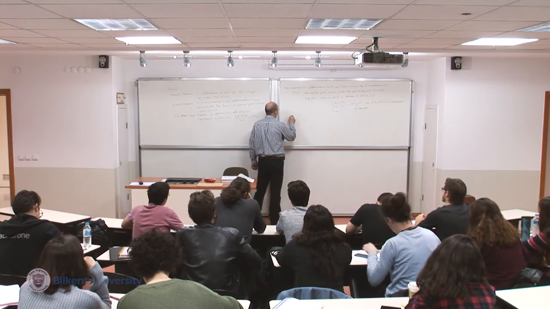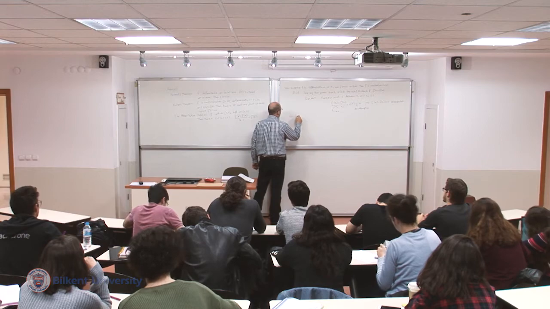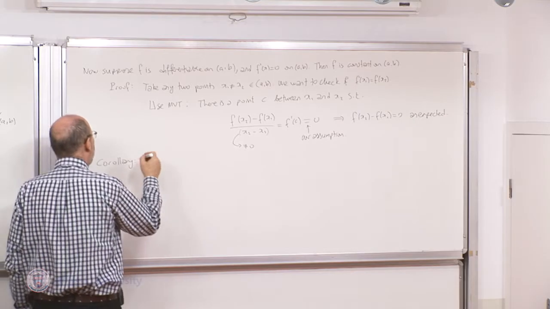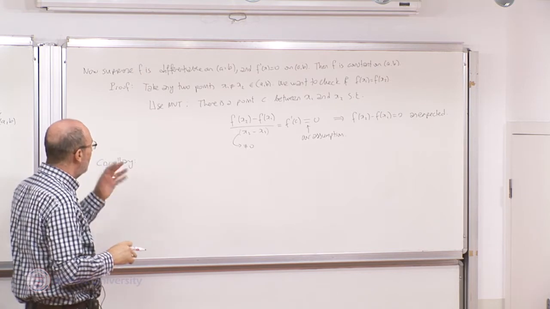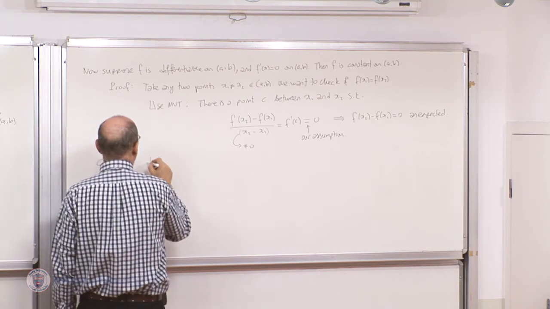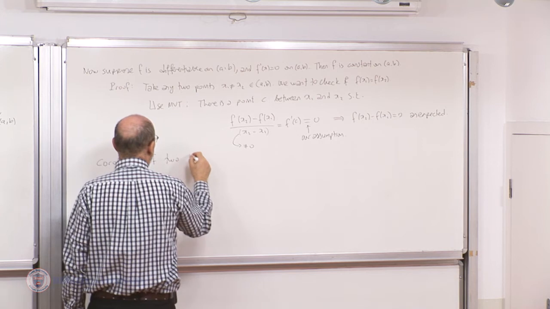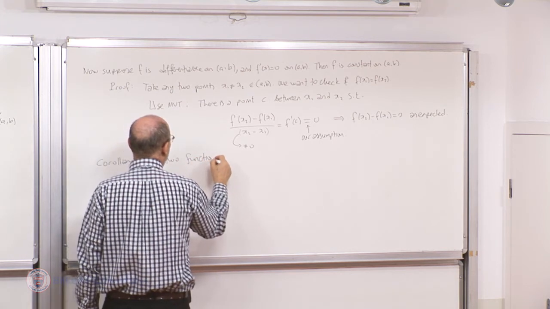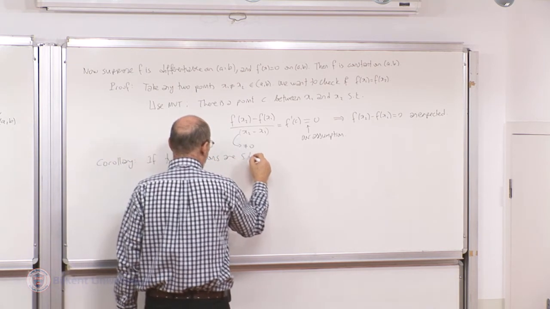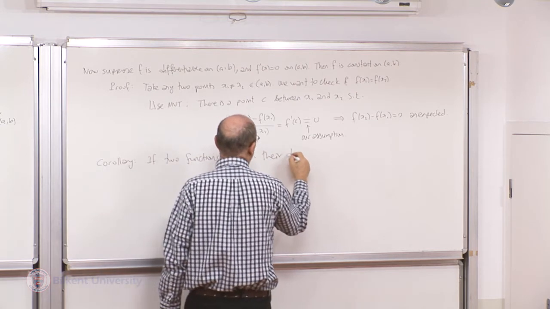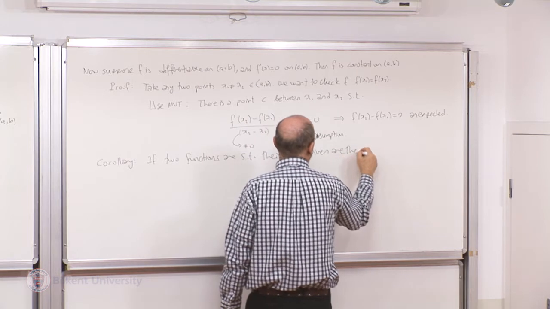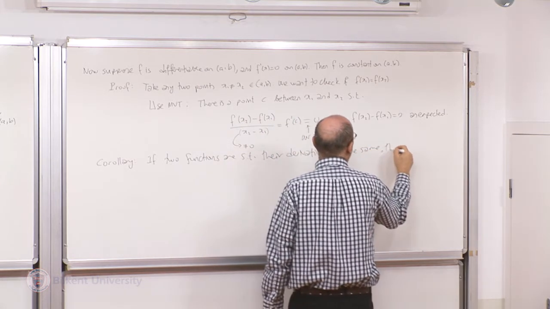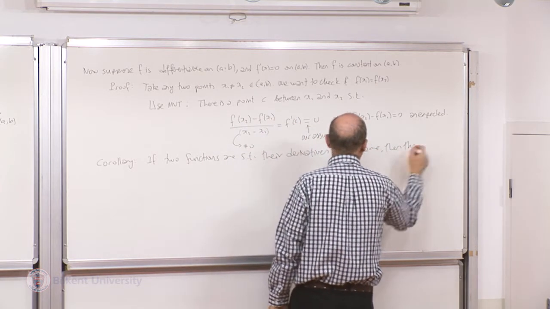A corollary of this, a useful corollary. Roughly speaking, let us skip the part that they have to be differentiable, etc. If two functions are such that their derivatives are the same, then they differ by a constant.